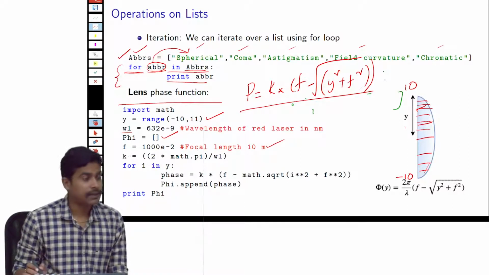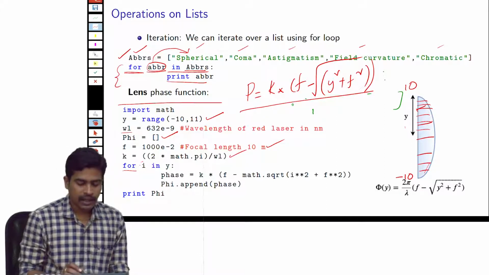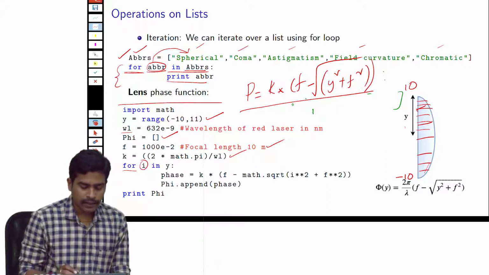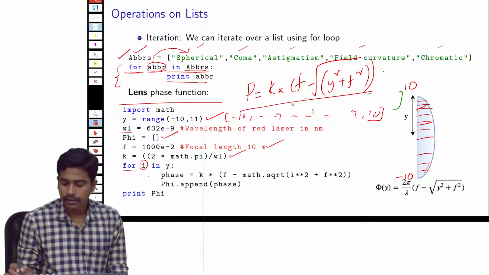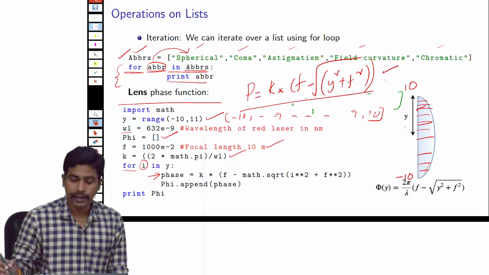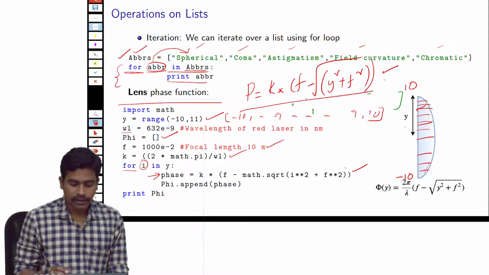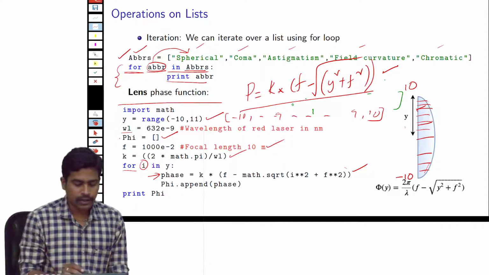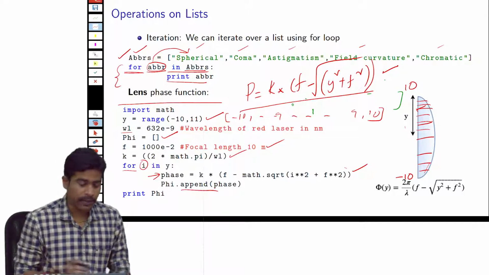Let's say the focal length is 10 meters, and k we know is 2 pi by lambda, so it is calculated using this equation. In the for loop, i is the dummy variable that is going to take the values in the range minus 10, minus 9, and so on up to 10, and this is the equation that I have written here to calculate the phase. After calculating this phase I am adding these phase values to the total phase list using this append command.